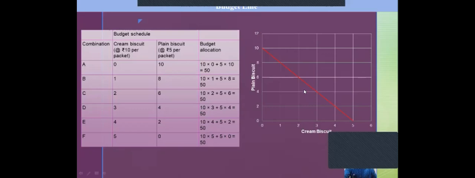So you can move to the left side of the diagram. From this red line you can come to the left. You can't move to the right side of this red line because your budget is not allowing. You can move to the left side of the red line, budget line, and it is downward sloping from left to right.